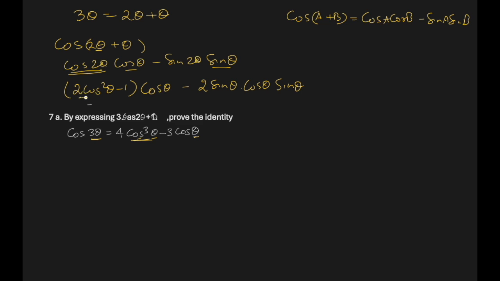If I open this, it becomes 2 cos square times cos, so 2 cos cube theta minus cos theta. When I open this, sine and sine is sine square, minus 2 sine square theta cos theta.